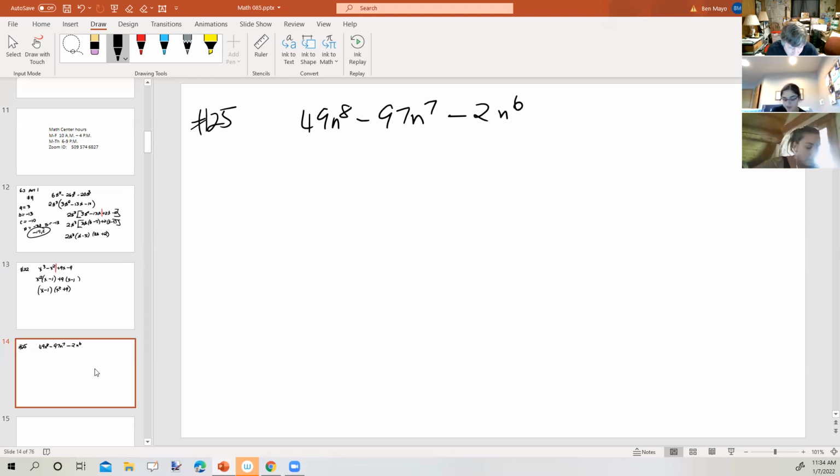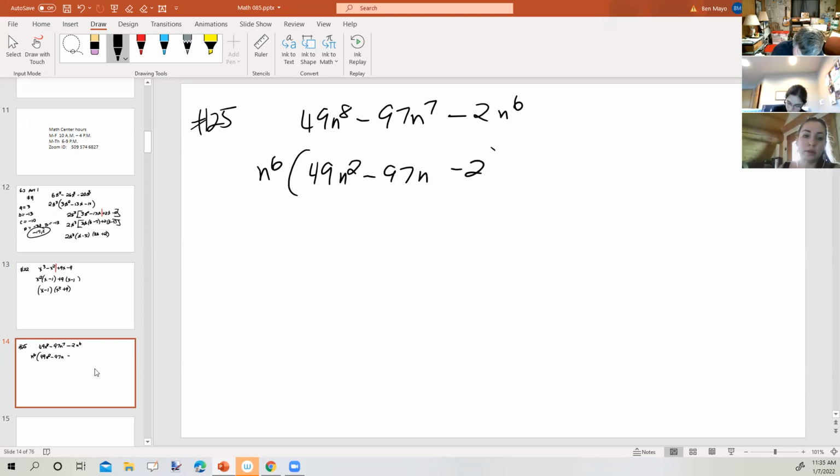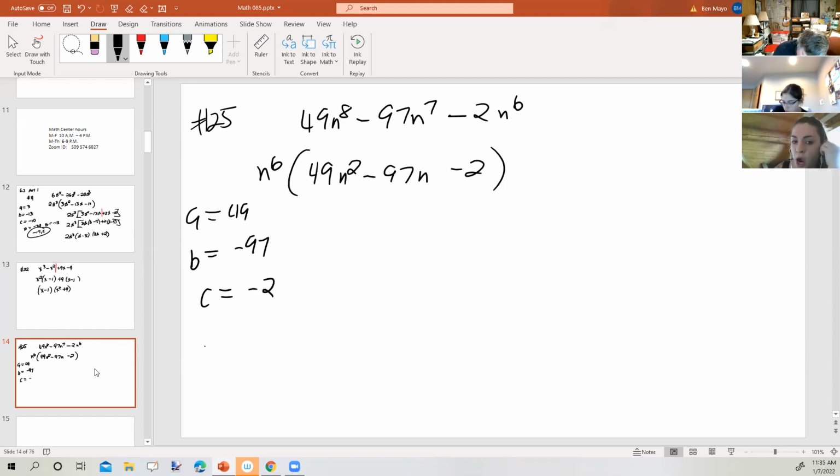Let's see, the greatest common factor here is n to the 6th. We have 49n squared minus 97n minus 2 left over. So A is 49, B is negative 97, and C is negative 2. The product is negative 98. The sum is negative 97. The two numbers are negative 98 and 1.